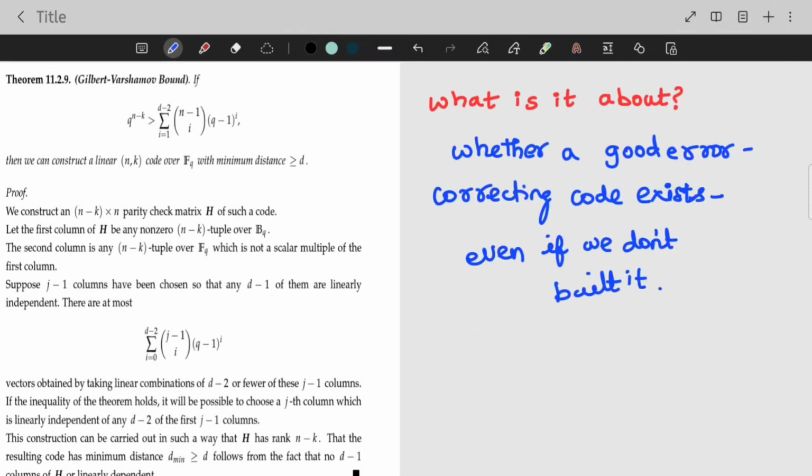It is a rule that helps us to know whether a good error correcting code exists even if we don't build it. Now, let's see what kind of code it is.